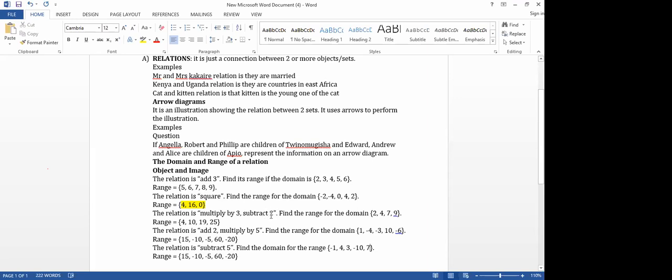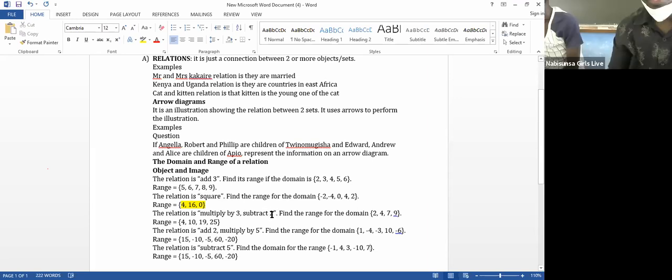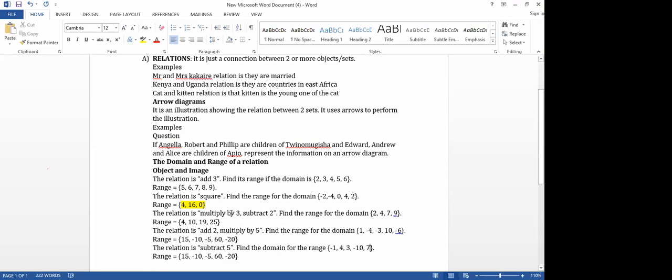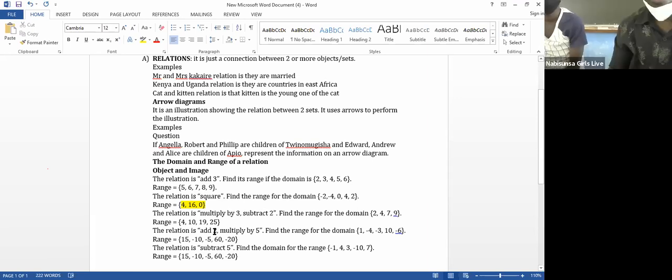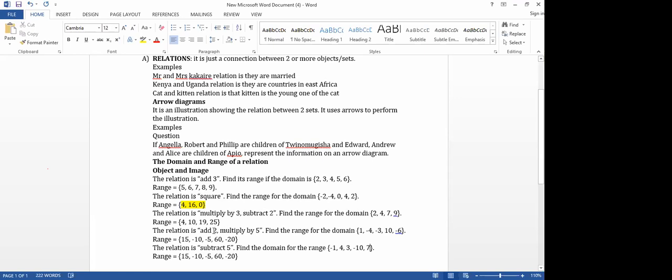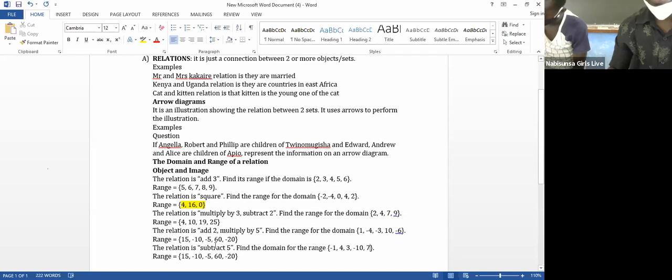That will be divided by 3, so you say add 2, divide by 3. Okay. Then for this one, they are saying add 2, multiply by 5. So the inverse is divide by 5, subtract 2.